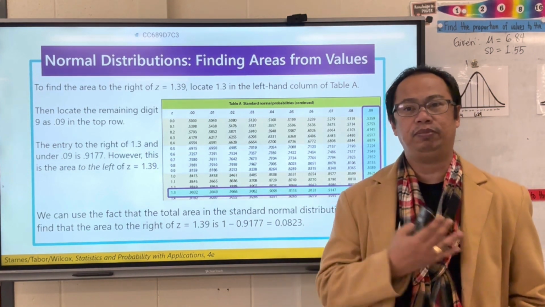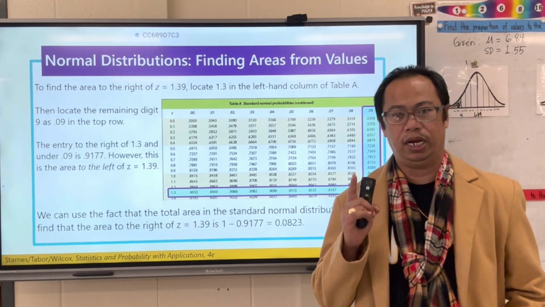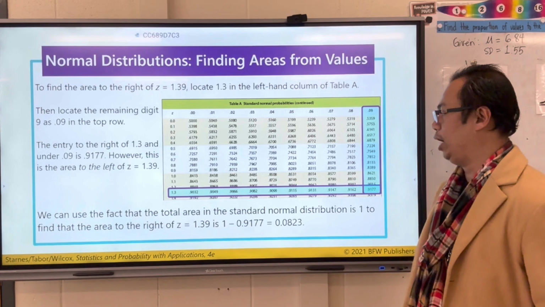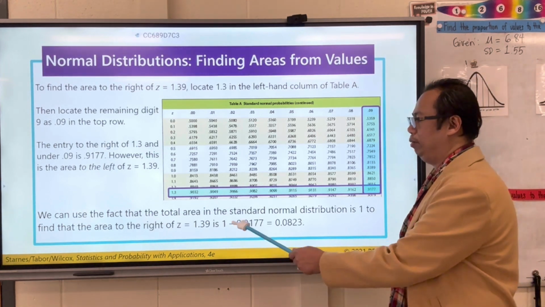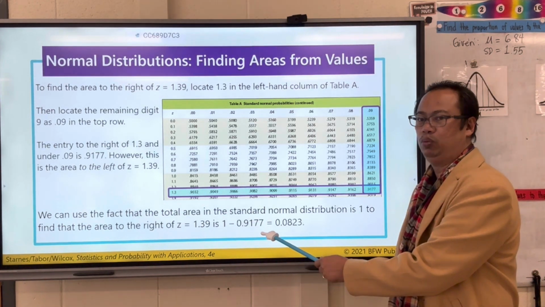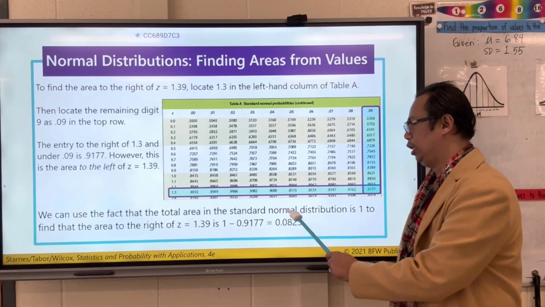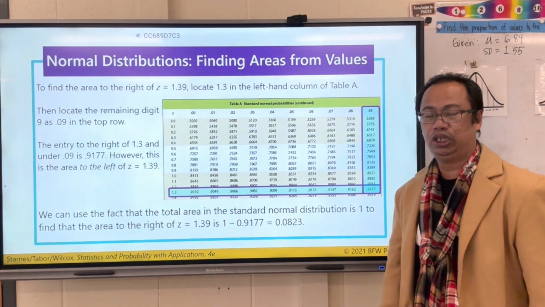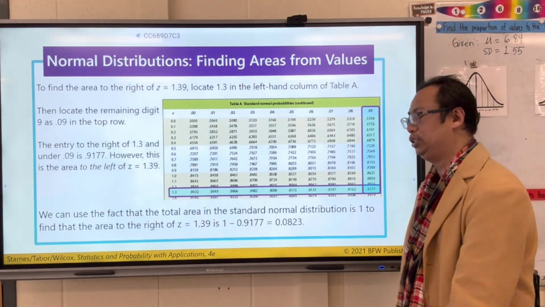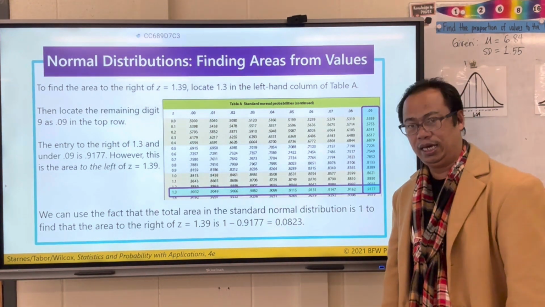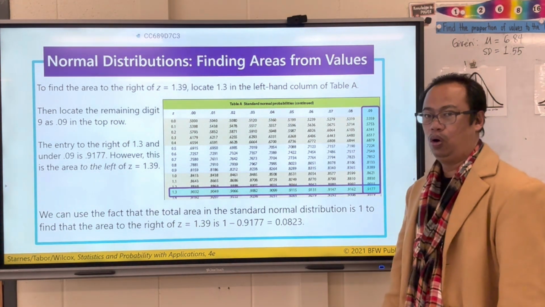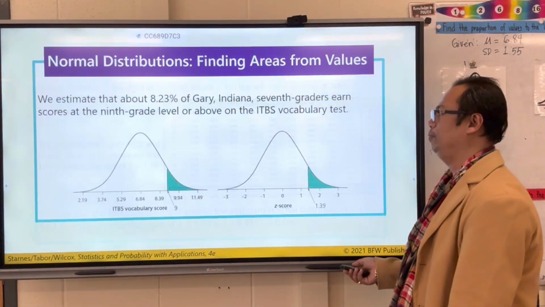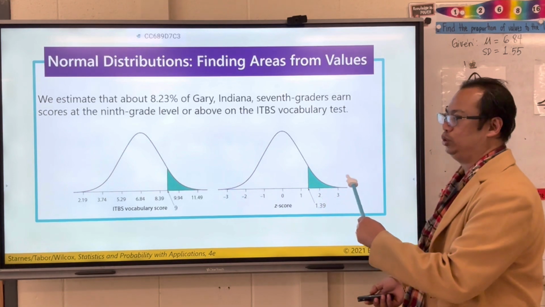So all in all, that is 1, or we can say that it is 100% area. So that's why we got 1 minus 0.9177. Then this is now the value of the shaded area, 0.0823, or we can say that it is 8.23%.